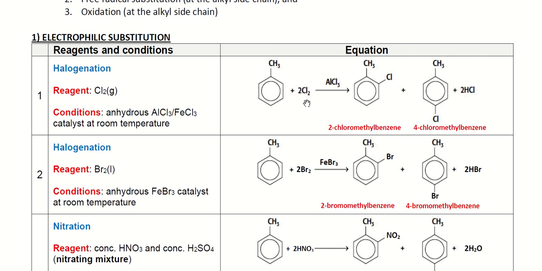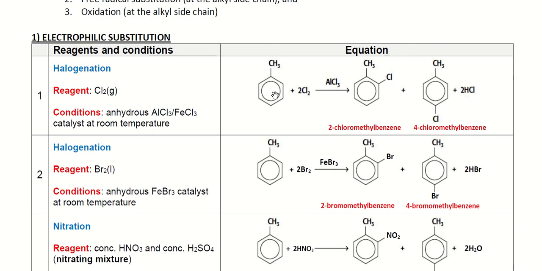The reason why is that the position can be on the second or on the 4th, because CH3 here is an electron donating group. So the new positions of your electrophile will be on the 2nd or the 4th. You can write down the equation like this, or you can do it separately.